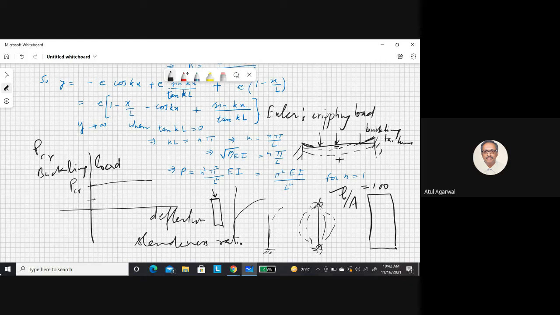It will not fail because the compressive yield stress is reached. It may fail in buckling. So buckling is an important failure mode, and often this failure is seen. So there are two types of failure. One is because of yielding, another is because of buckling.